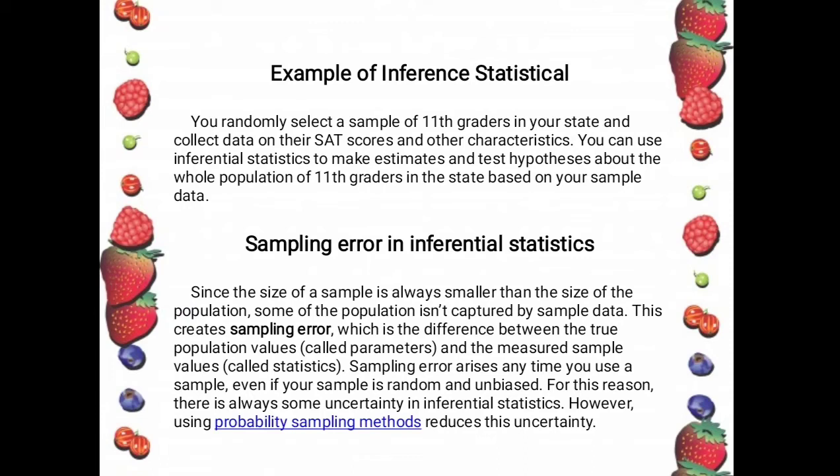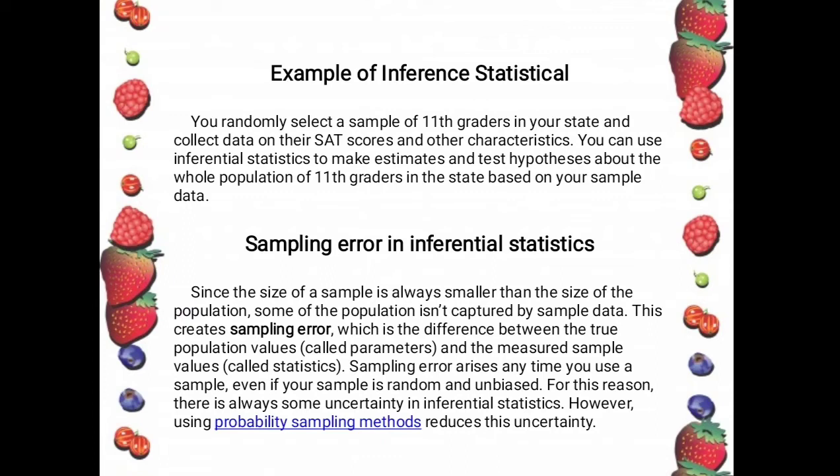Sampling error in inferential statistics. Since the size of a sample is always smaller than the size of the population, some of the population isn't captured by the sample data. This creates sampling error, which is the difference between the true population values or parameters and the measured sample values, or statistics.